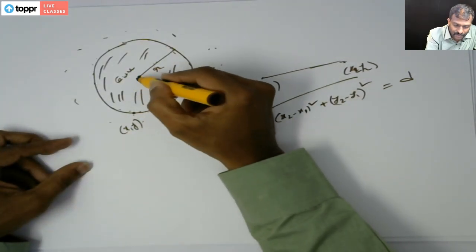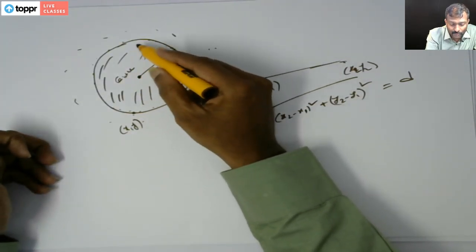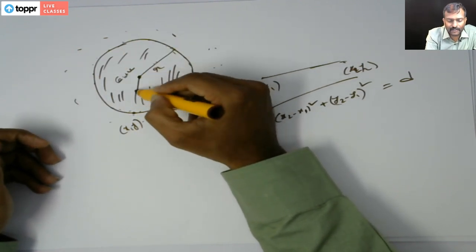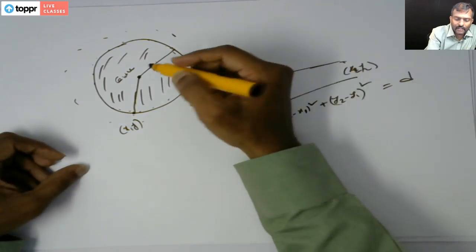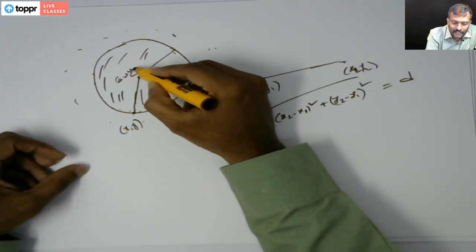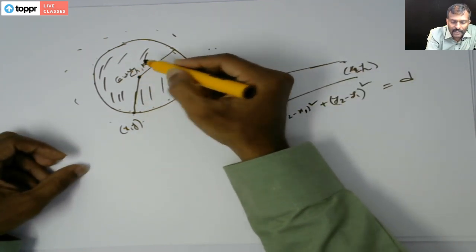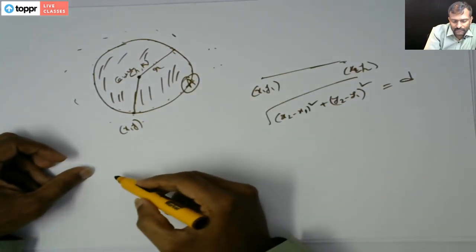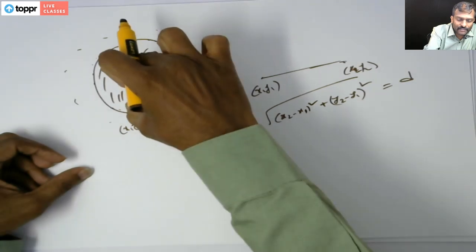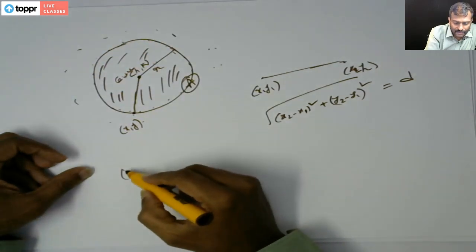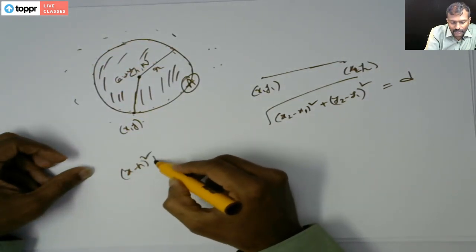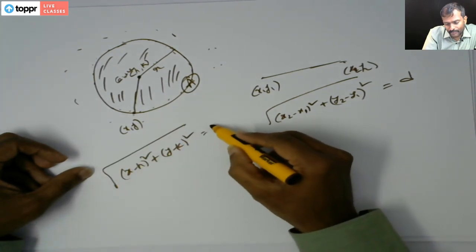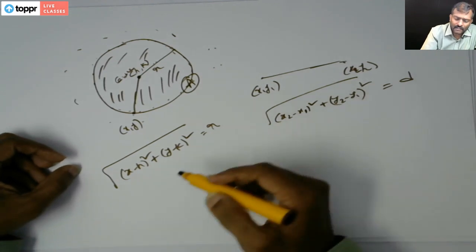The distance of any point on the circle from the center is equal to the radius. Let us say the center is h comma k. Then what will be the equation of the circle? The distance between these two will be equal to the radius, so the square root of x minus h whole square plus y minus k whole square is equal to r.